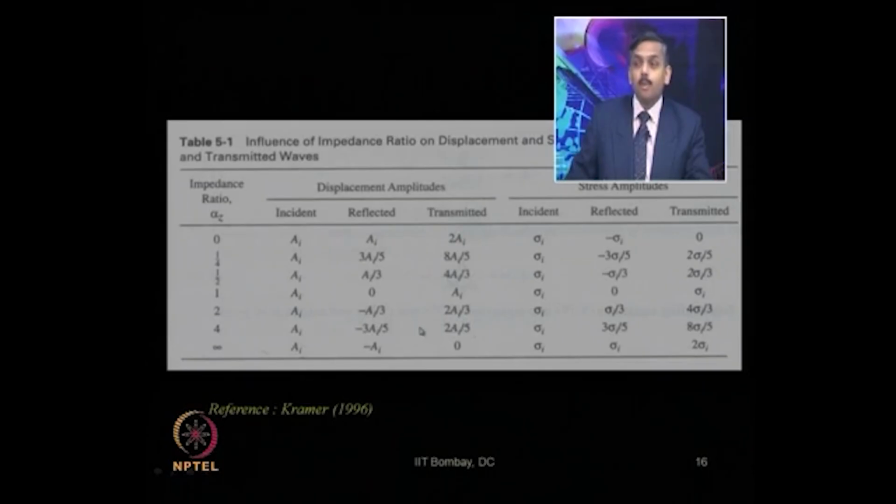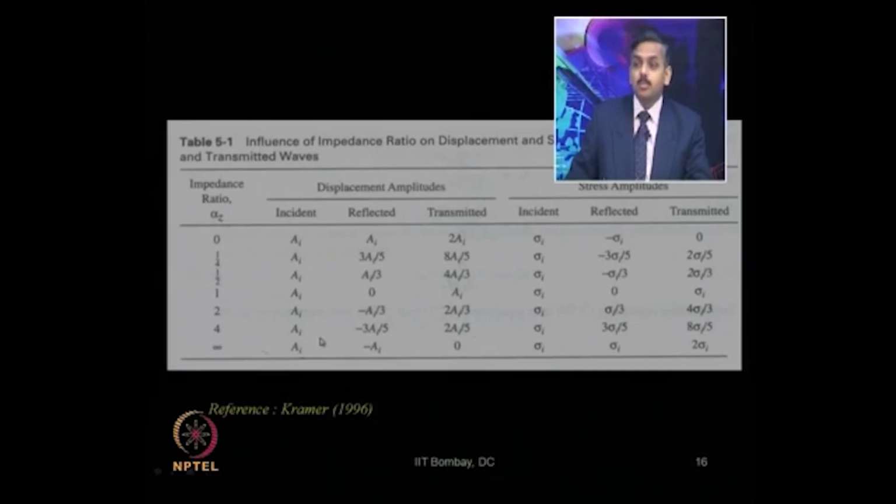That creates more displacement when it goes from a stiffer to a softer media. That is the reason, as I have already mentioned in the introductory lecture, the Mexico City earthquake of 1985 is an example of this phenomenon of soil amplification.